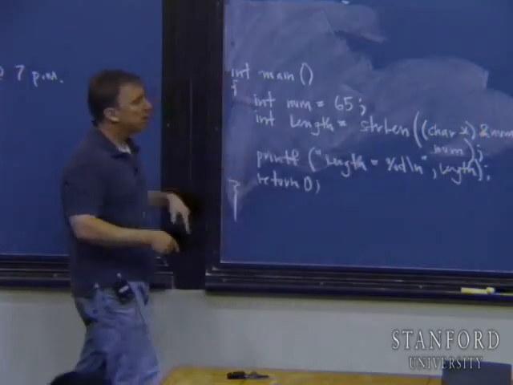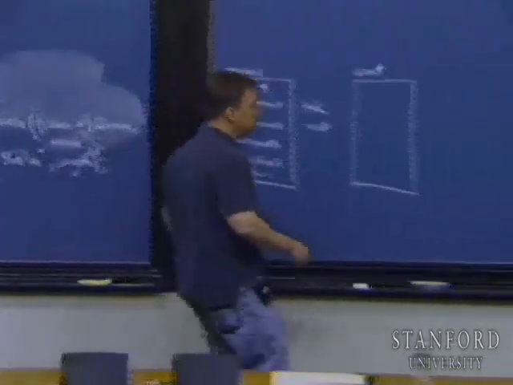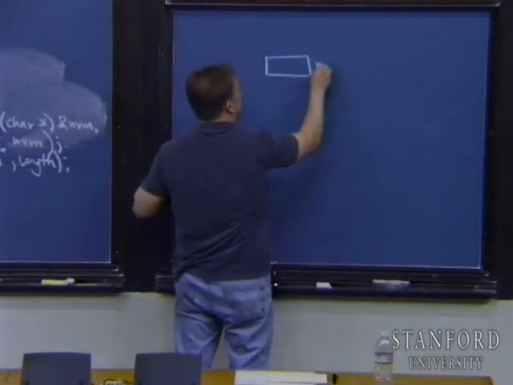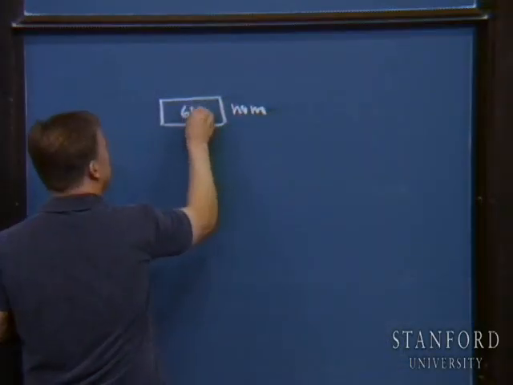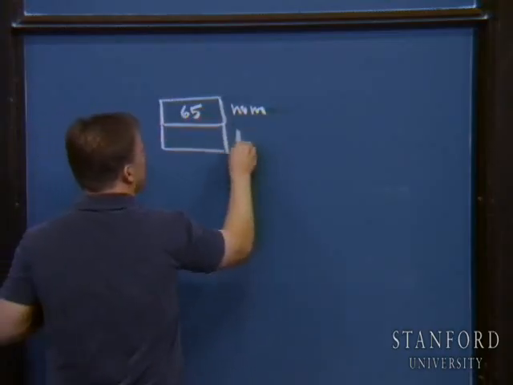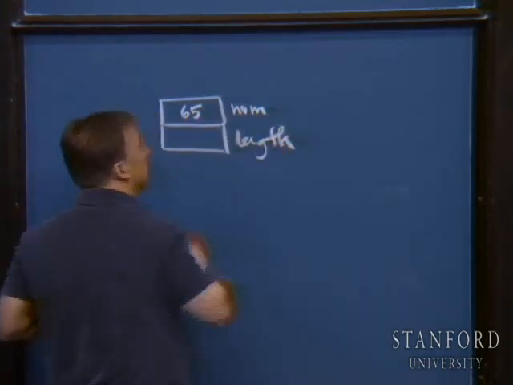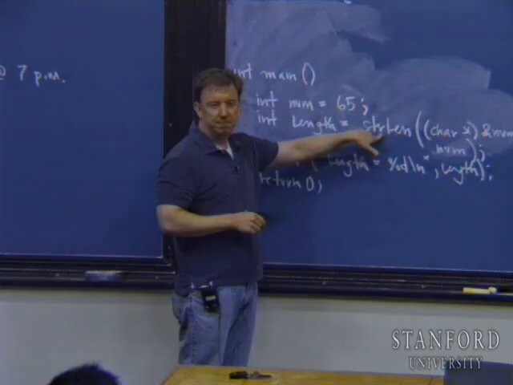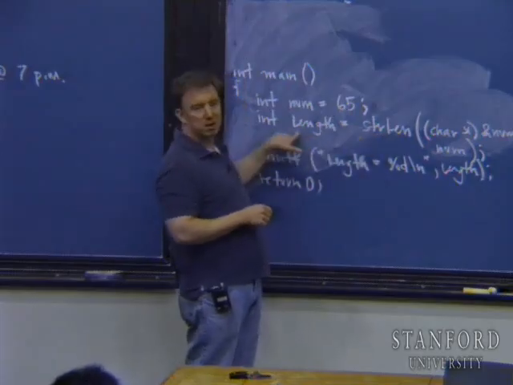So the way I'm calling this, this is where num resides in memory. I put a 65 there. This is where length resides. I haven't initialized it yet, but it calls strlen before it can initialize length.